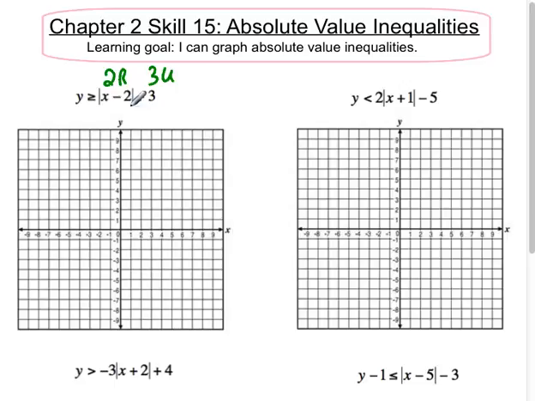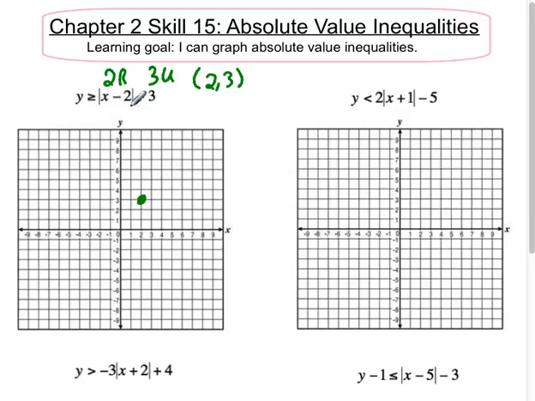Because remember, when it's inside the function, left or right, it's acting kind of oppositely of what you'd expect. And that finds our vertex: 2 to the right, 3 up. So that's where our vertex is, okay?